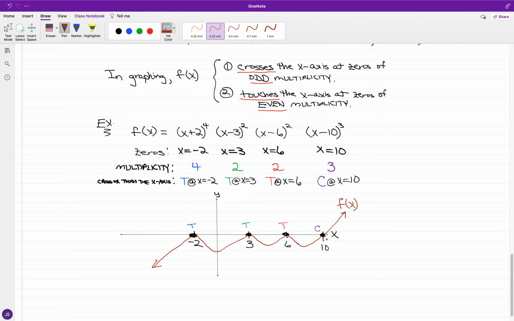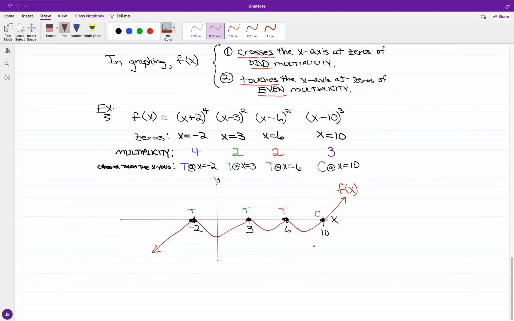Okay, and one might ask, how did I know that the graph would start out below the x-axis as opposed to above? In other words, how did I know that I started out below and ended up above, when it was not the other way around? Well, there is an item in reference to what is regarded as the end behavior of the graph of a function.